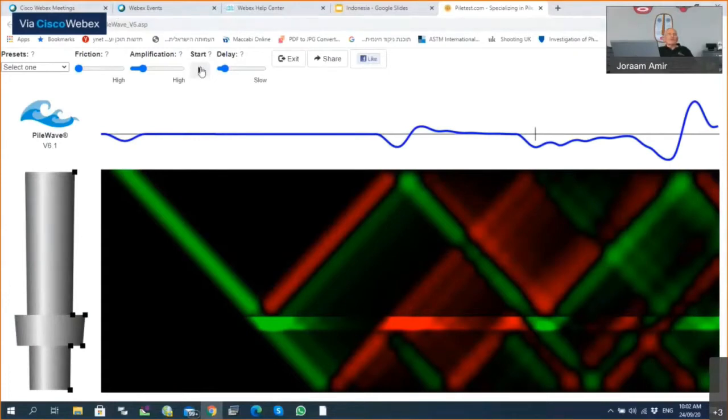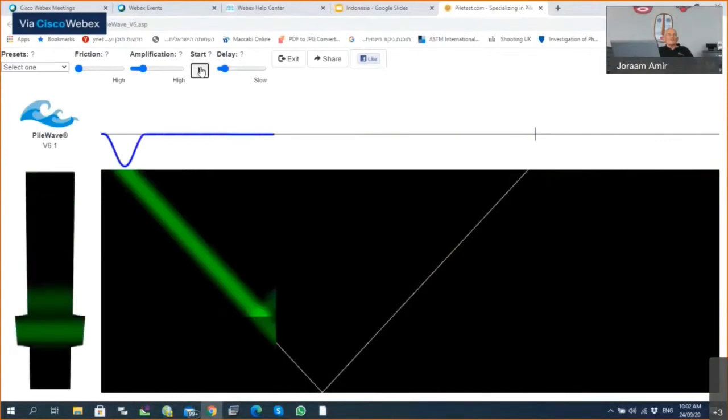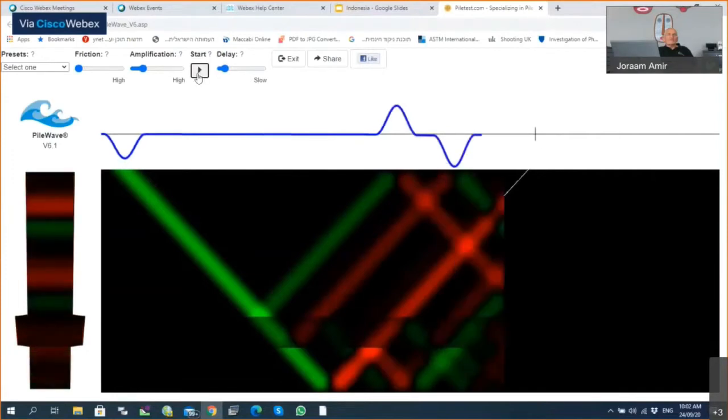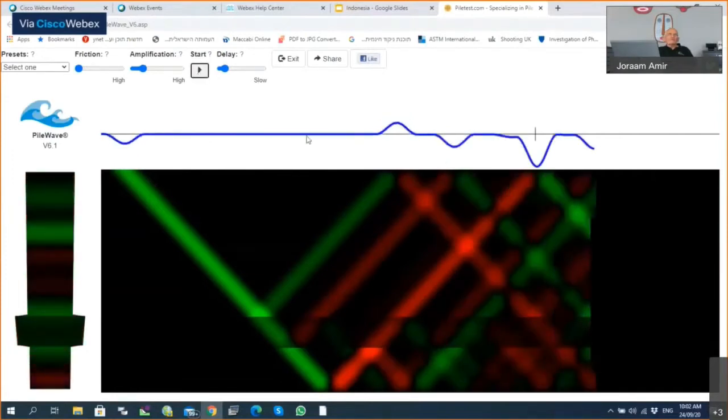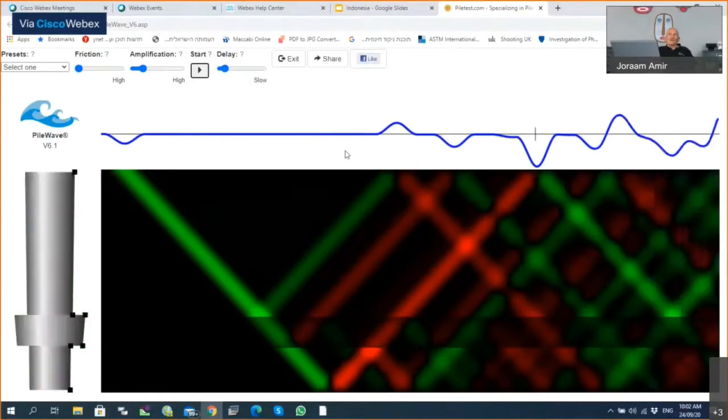We press start. And here we have a very nice toe reflection, and we see that now this graph is going first up and then down, which means that we have a larger cross-section.